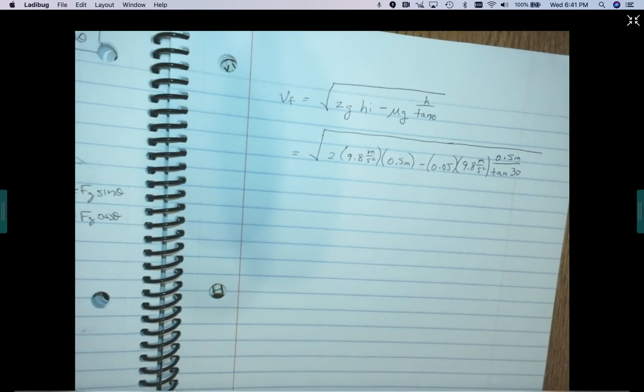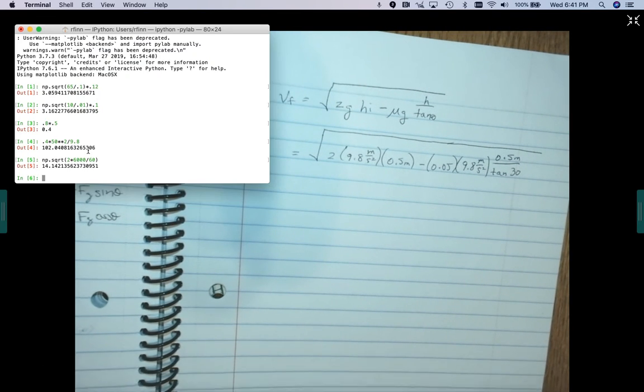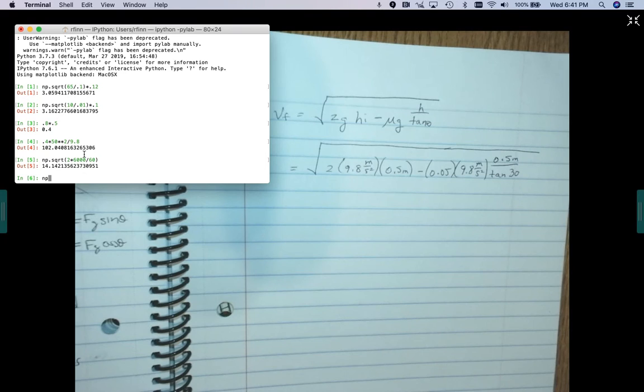All right, so let's open up our calculation window. And I guess I'm just going to type all this in.